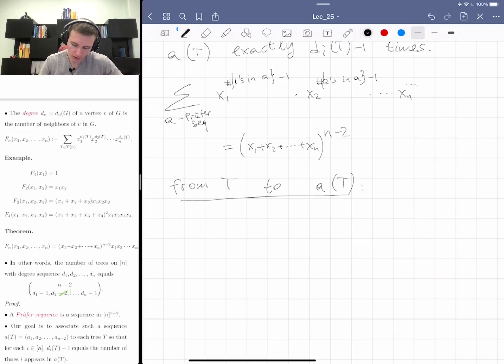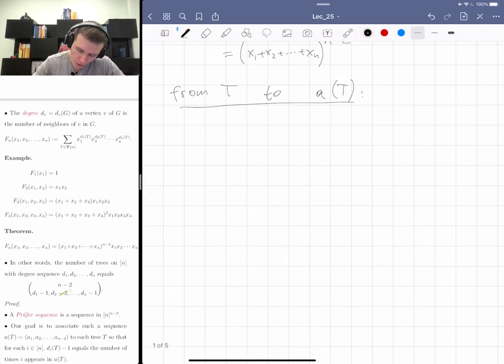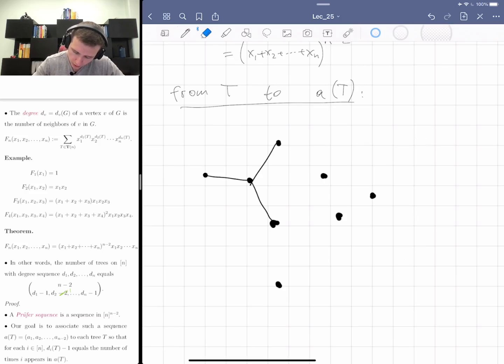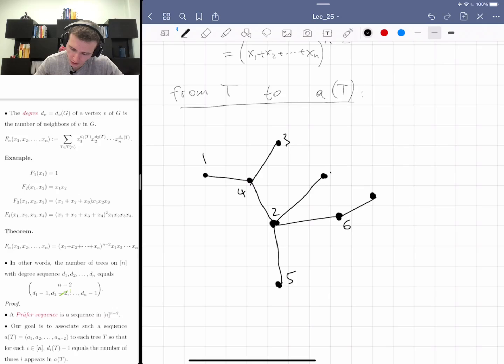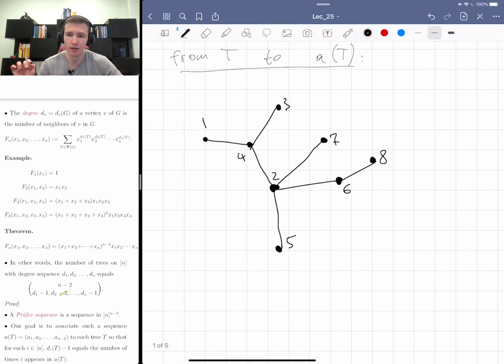The way we're going to do that is, let me try to draw a random tree. Something like this: 1, 2, 3, 4, 5, 6, 7, 8. What I'm going to do is find the smallest labeled leaf.